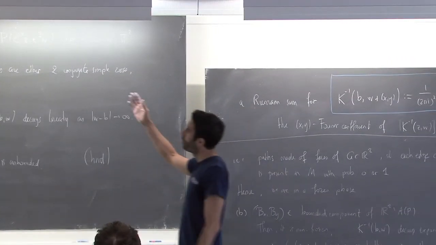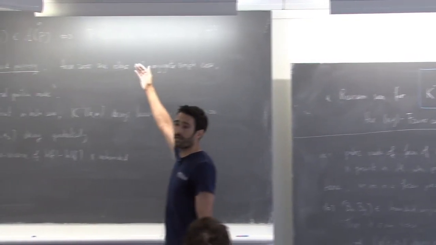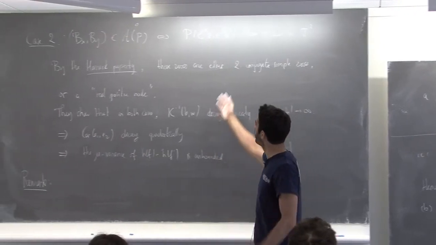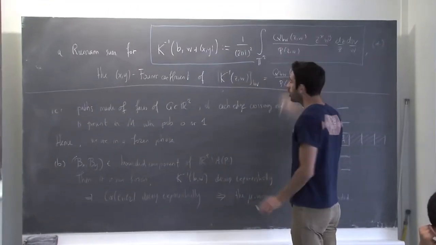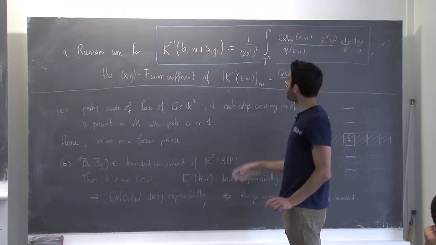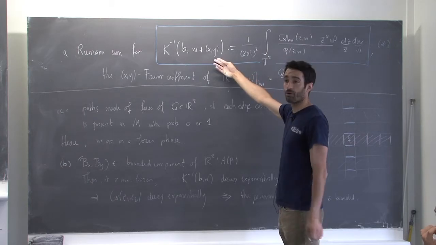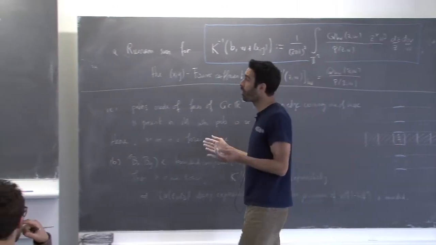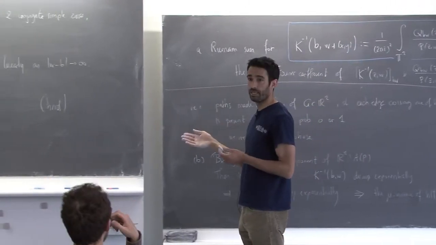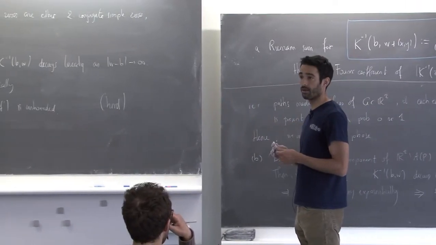Let's say that P did not define a Harnack curve. Very generally, the zeros that you get here could be completely weird. And therefore, you might have some decay of K inverse, and therefore decay of correlations, that would not be in these three cases.